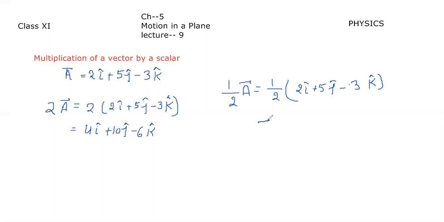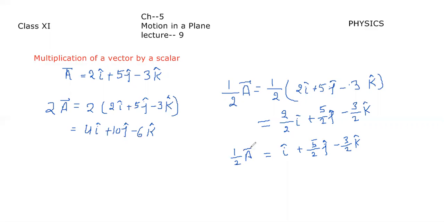So this is 2 by 2 i cap plus 5 by 2 j cap minus 3 by 2 k cap. So 2 by 2 means i cap plus 5 by 2 j cap minus 3 by 2 k cap. This is the vector 1 by 2 A vector.